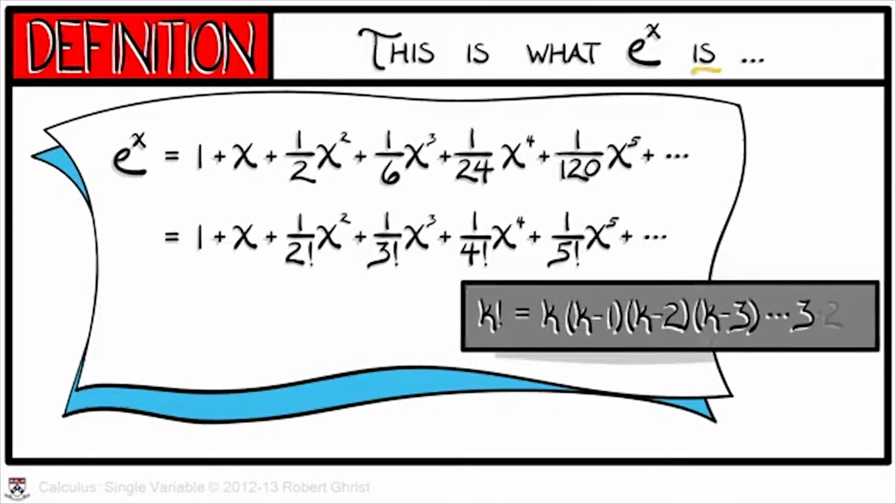Now recall that k factorial for a positive integer k is defined to be k times k minus 1 times k minus 2, all the way down until you get to 3 times 2 times 1. That gives the sequence of numbers that we saw at the beginning. Recall also that by convention, and for very good reasons, 0 factorial is defined to be 1.